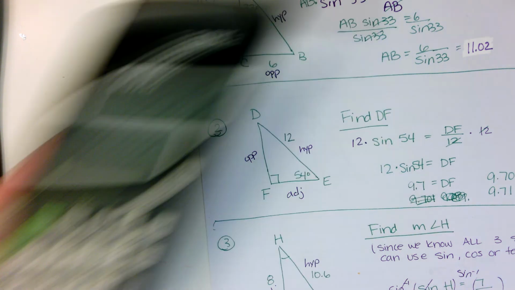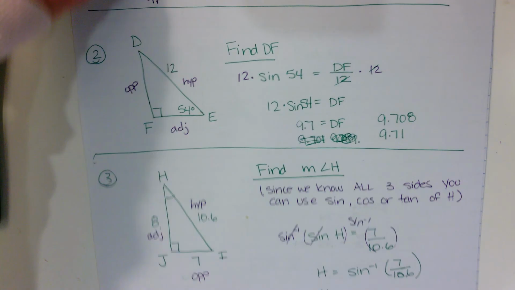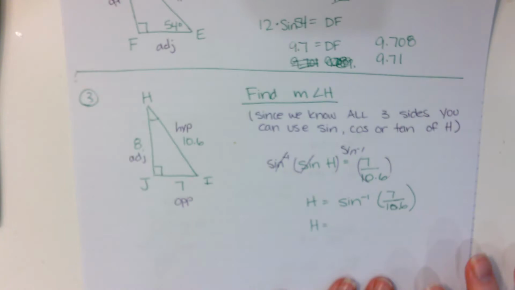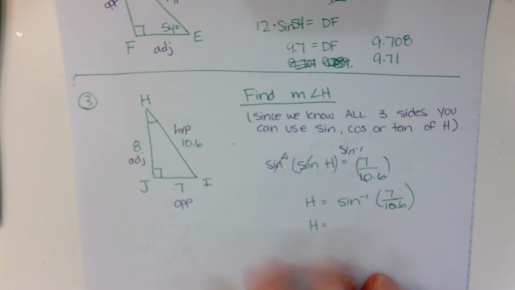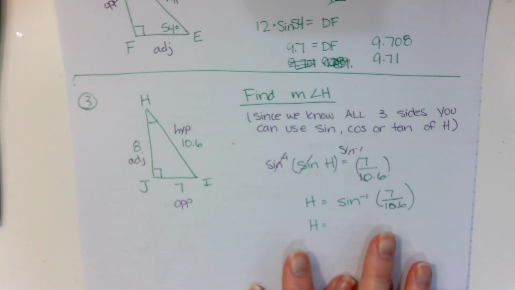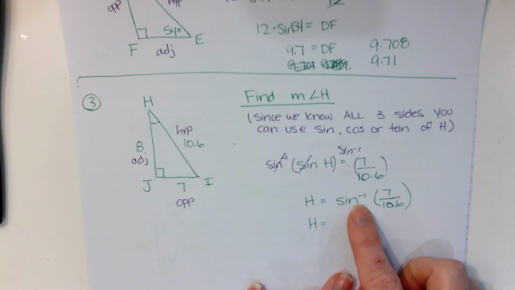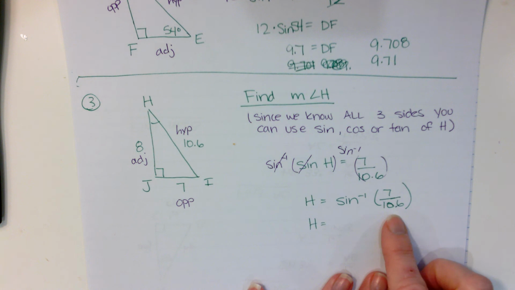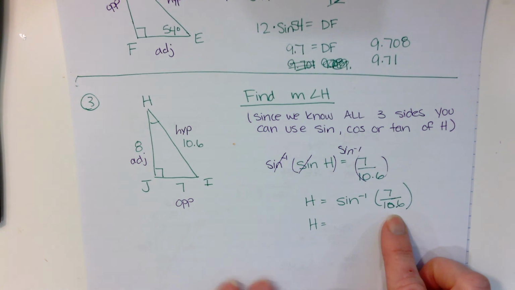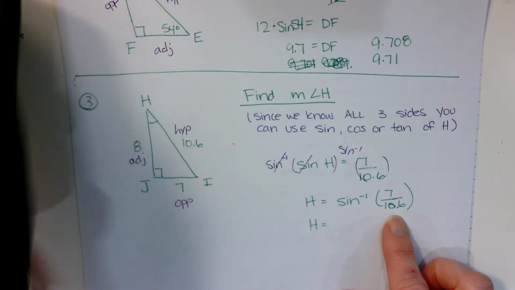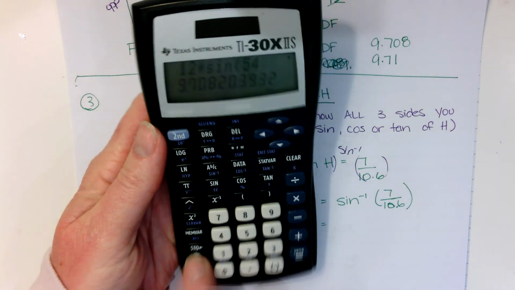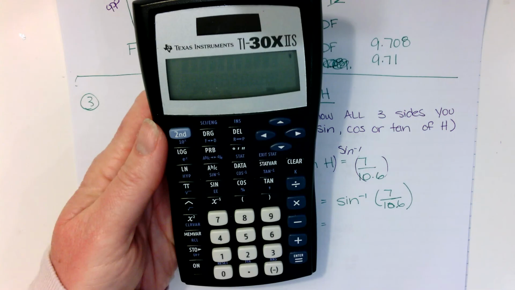Okay, so let's take a look at using our inverse trig functions. Again, this isn't how to do the problems, it's how to use my calculator. So in this problem, I've already done all the work, and I find that I'm taking the sine inverse of 7 divided by 10.6. So if I was on this particular calculator, I would punch in my sine inverse first.